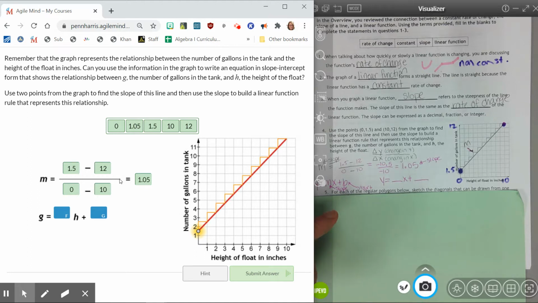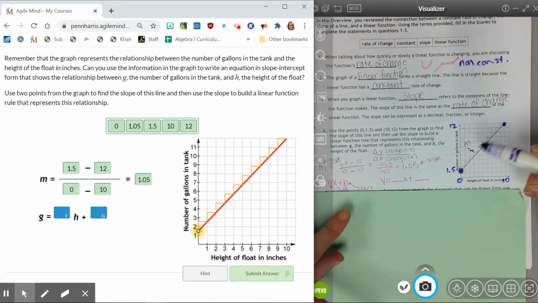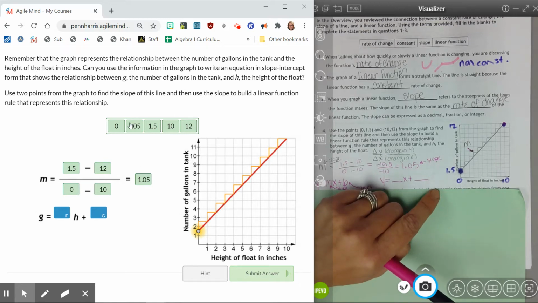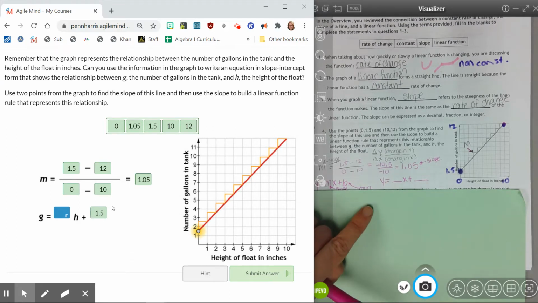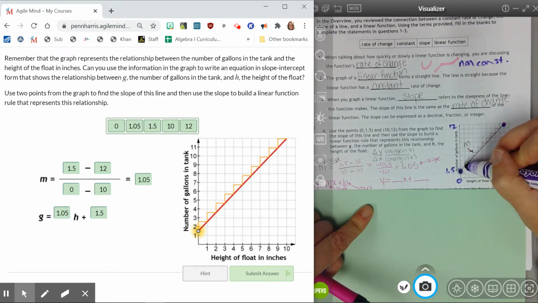So what happens when we actually plug this into the formula is the amount of gas in our car starts with the 1.5 here. Then it increases by 1.05 for every inch that we increase.